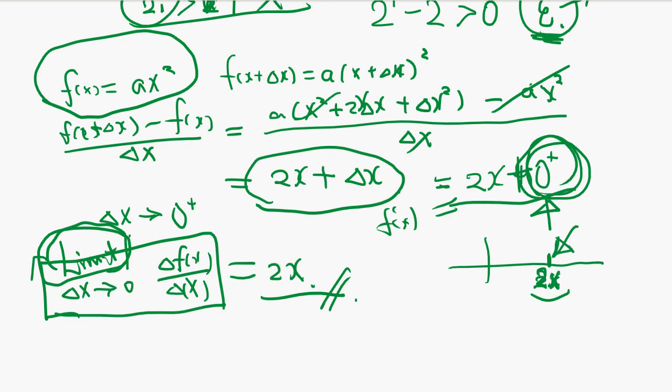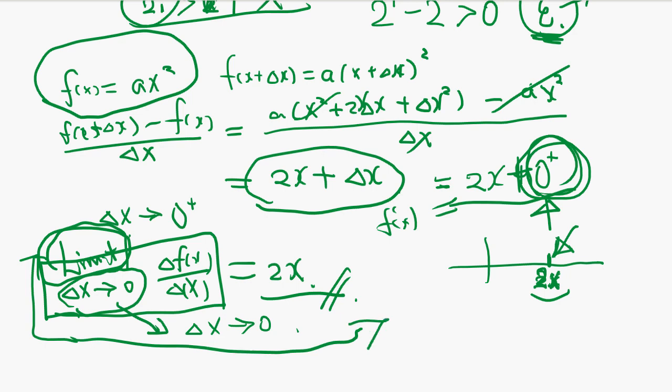So what this limit means, this guy means convert delta x into an infinitesimally small number. Okay, now limit means after converting it and calculating it, get only the number you can specify on the real number line, which is 2x.